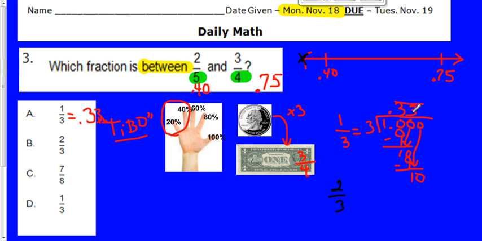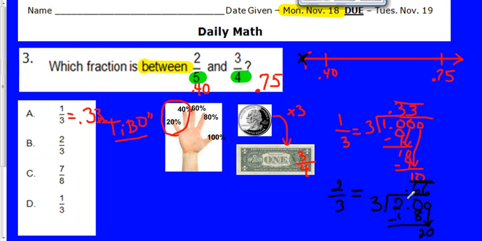Guys, if 1/3 was 0.33 and now you have 2 of those, it's probably going to be 0.66. Okay, we'll go ahead and look at this. Looking at 2/3, if you need to pause the video, go ahead. I've already talked about how 1/3 is 0.33, so 2 of those should be 66.